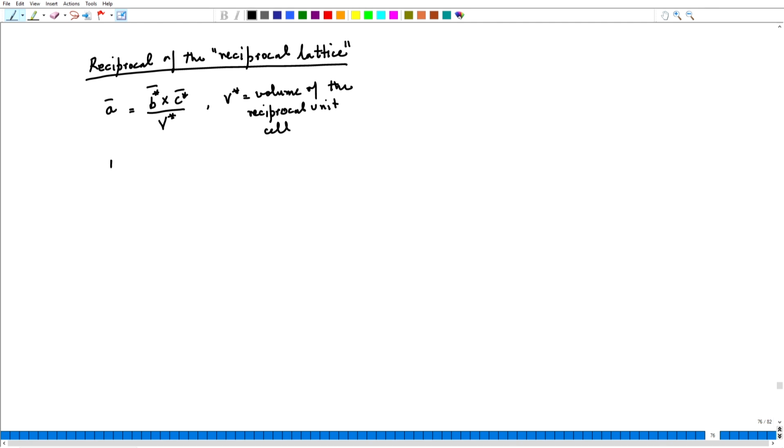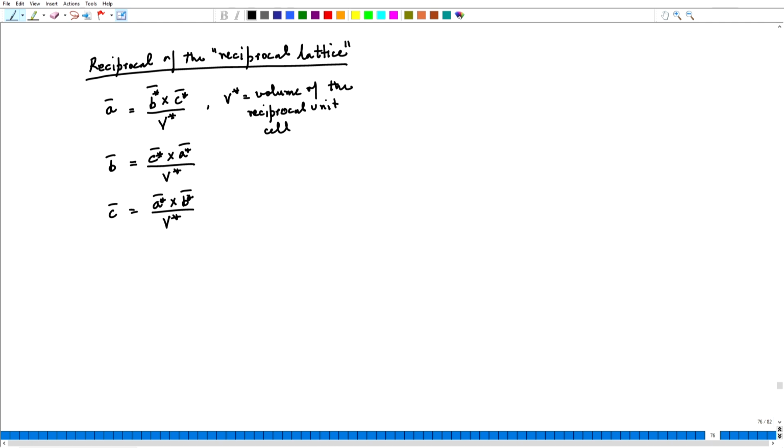Similarly, the real space lattice B vector would simply be the cross product between C star and A star divided by V star, and then the vector C of the real lattice would be A star cross B star divided by V star.